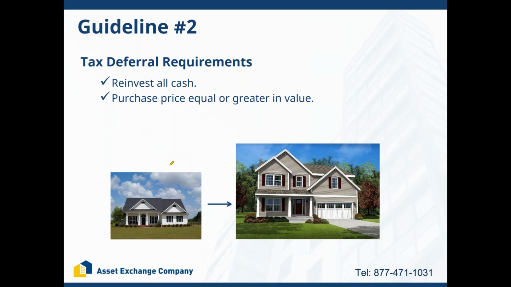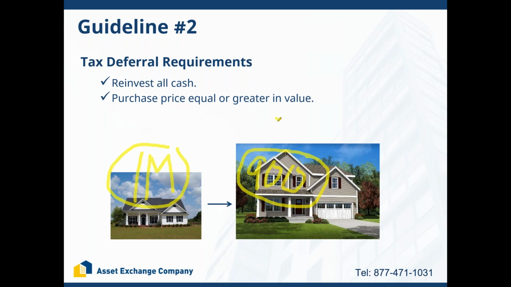And then finally, you can also do what I call partial exchanges, where you sell for $1 million and you buy for something less than $1 million. So in my example here, I'm going to sell for $1 million and my replacement property to complete my exchange is only $900,000. Now, that does not disqualify the entire exchange.